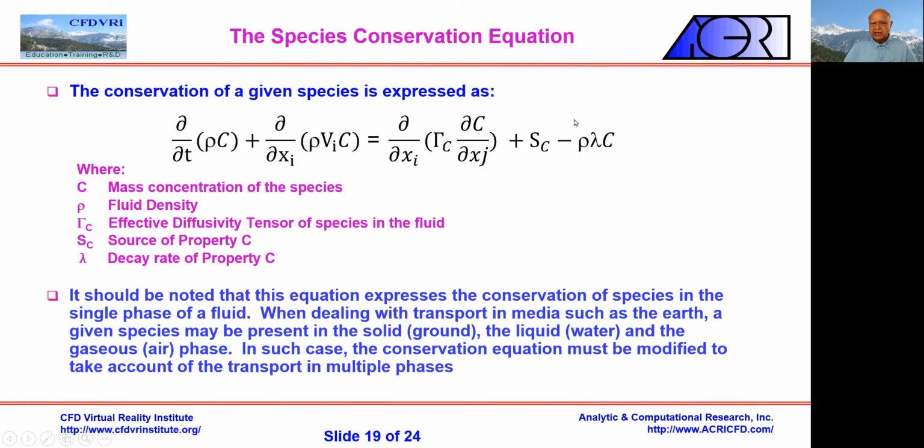This is the decay, such as radioactive decay, which is proportional to C, the concentration itself. Now, it should be noted that this expresses the conservation of species in a single phase and of one species. C is the total amount of that species in that fluid.